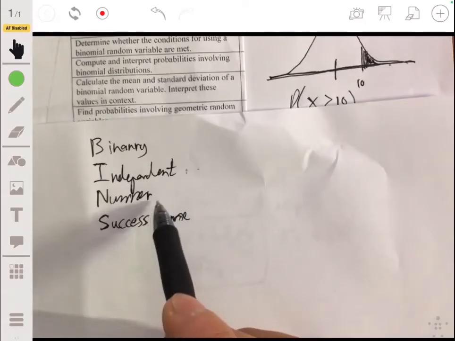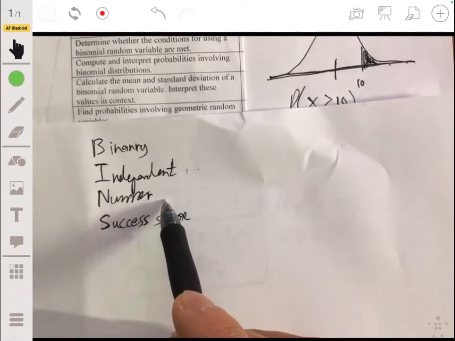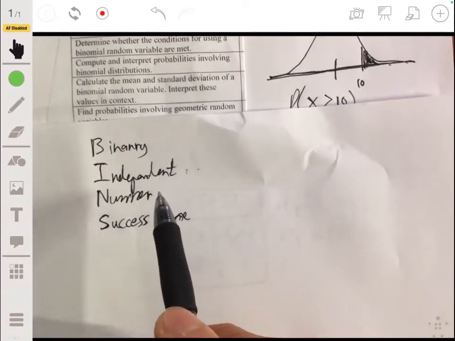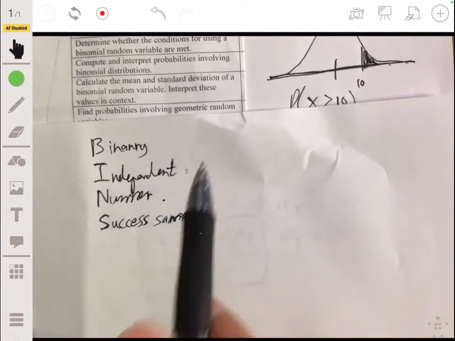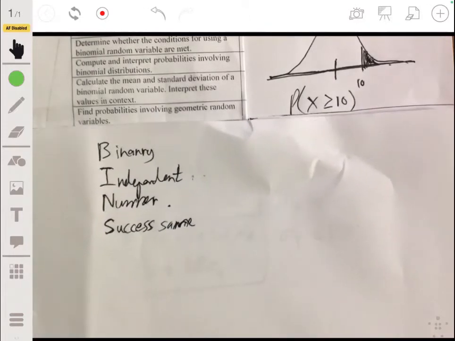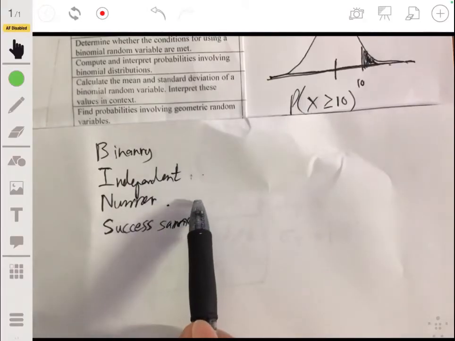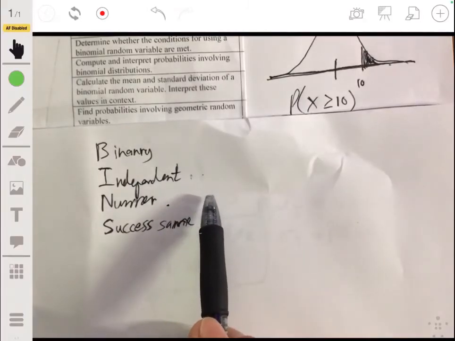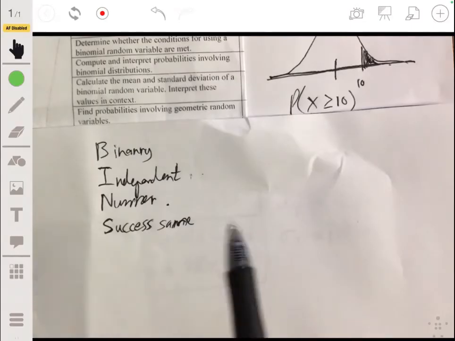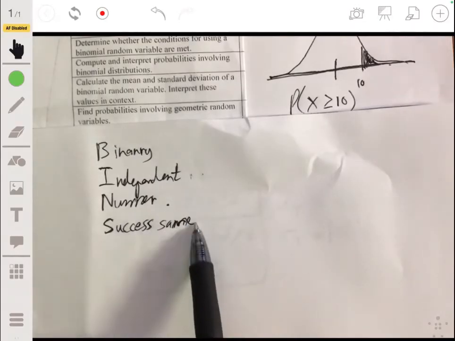So next we have a fixed number. We have to say that we're going to flip the coin a certain number of times beforehand. So before we even start our problem, we have to say, okay, we're going to flip the coin 20 times. I want to figure out how many times out of 20 I'm going to get heads. Let's say I'm shooting free throws, and I want to figure out how many shots out of 20 free throws I'm going to make. And the probability of success on each trial is going to be the same.